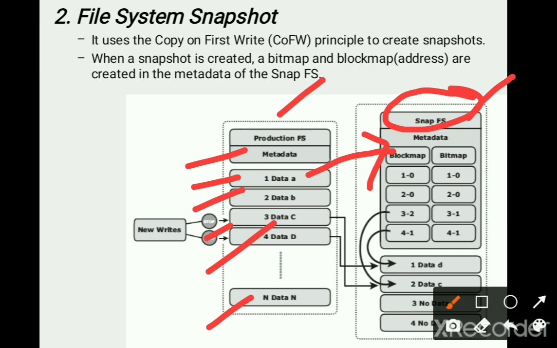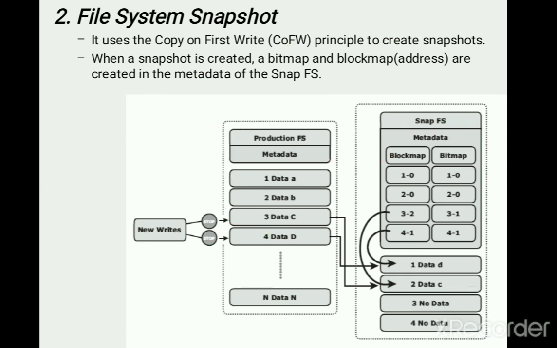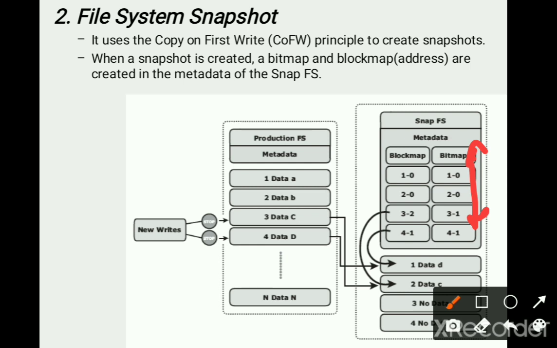Now you can check that whenever there is a change in any content, when it is being taken, we need to keep track of all these snaps. So they are maintaining a pointer. These pointers are maintained in terms of the bitmap and the block map. This bitmap is going to tell us whether there is any modification, right?